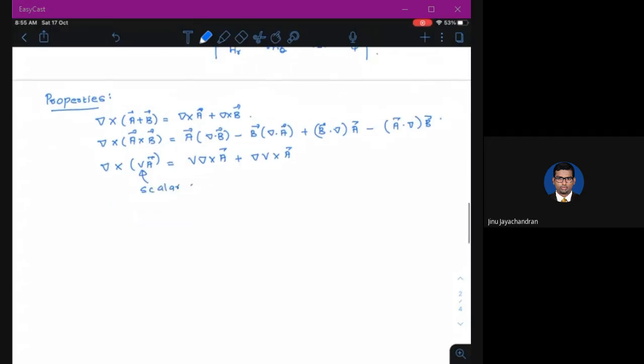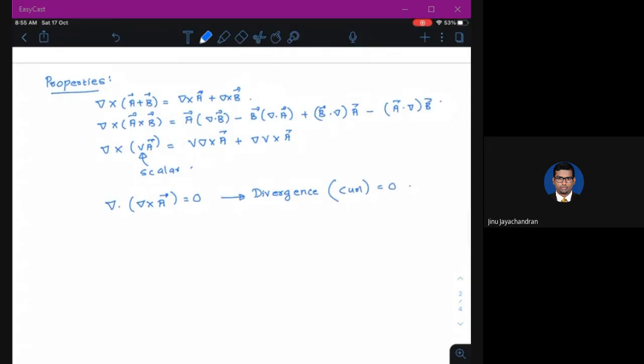And there's a special property that the divergence of a curl is zero, which means the divergence of the curl is equal to zero if you take any vector. Okay. Similarly, the curl of a gradient is equal to zero.